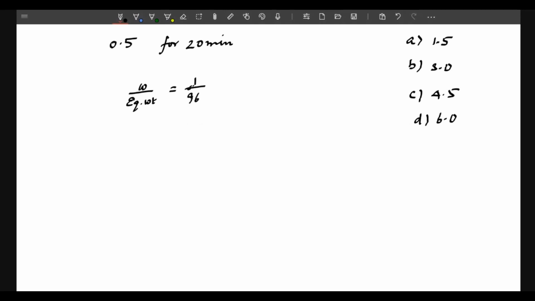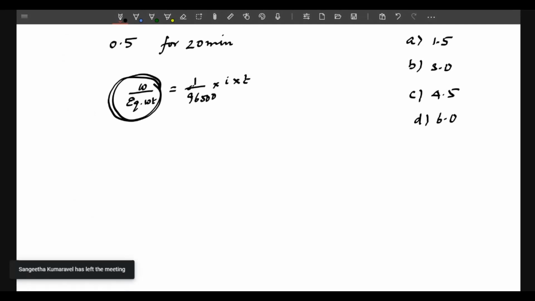Therefore 1 by 96,500 into I into T, and you can directly put the equivalent weight of the hydrogen that is increased. I value is given, 0.5 ampere, and 20 minutes of current is passed, 20 into 60. You can calculate the number of equivalent weight of the hydrogen that would be increased.